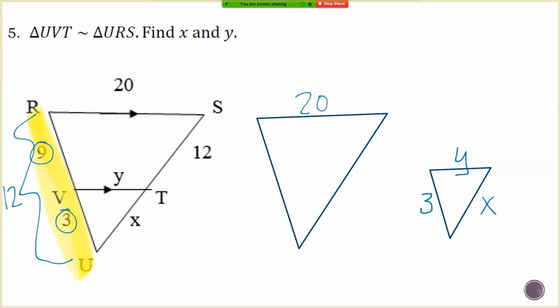So when I go to my big triangle, I'm going to label that whole left side 12. Similarly, when I go to label the entire right side, I have to add these two together, X plus 12 or 12 plus X.